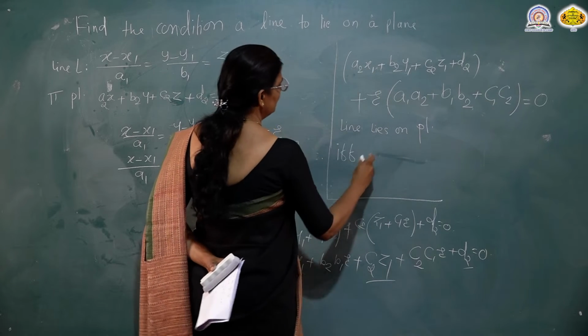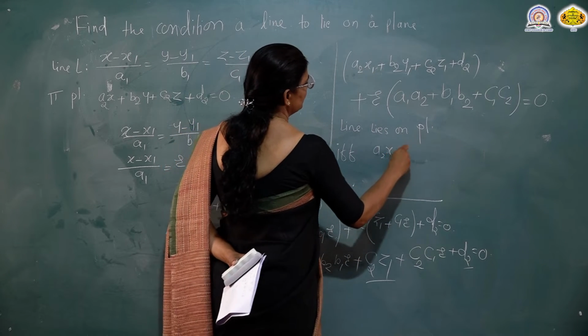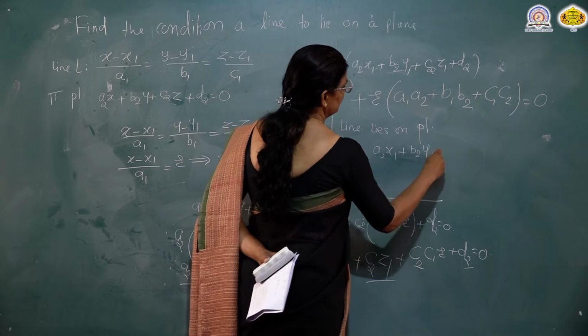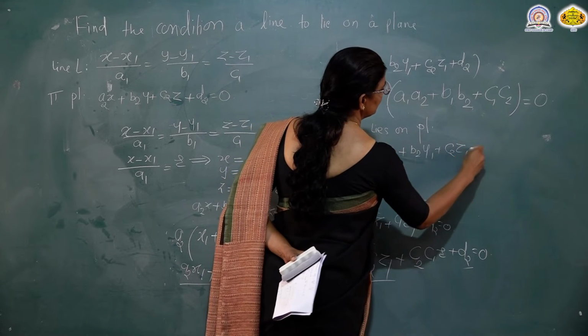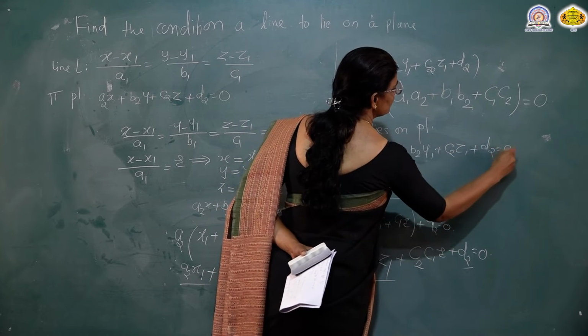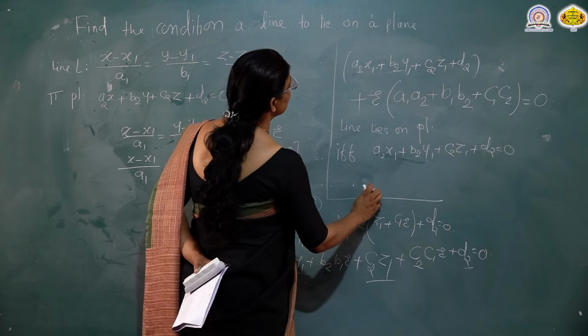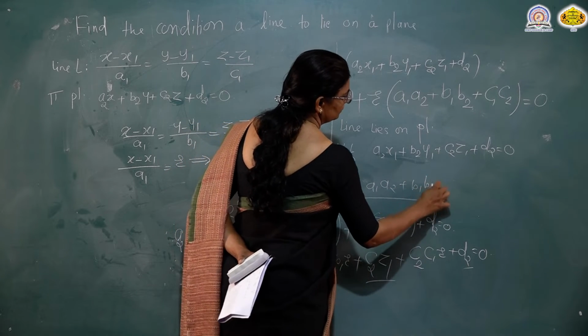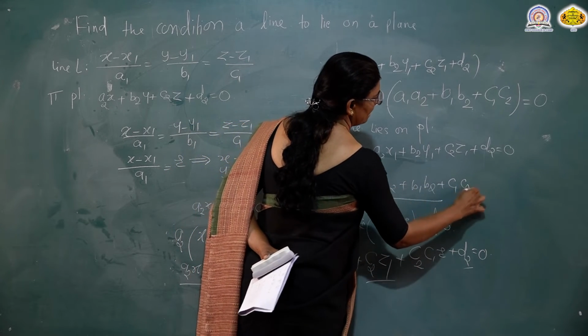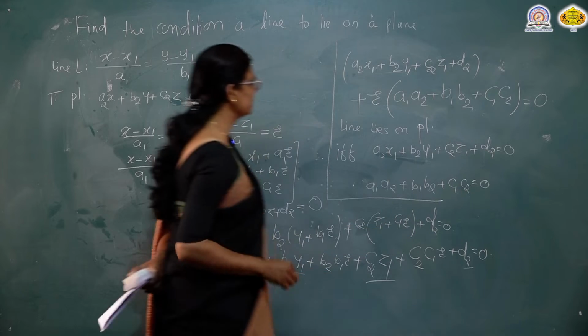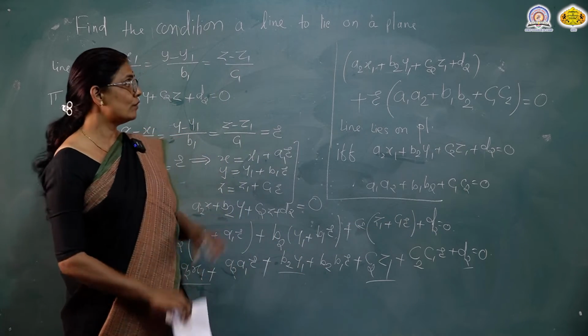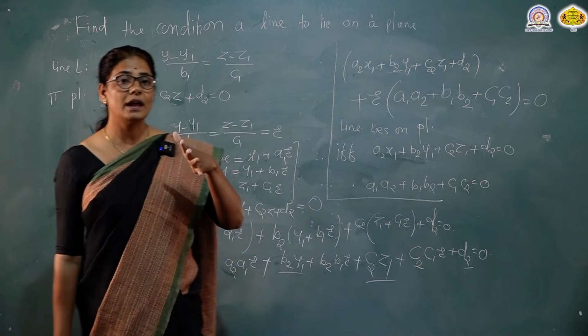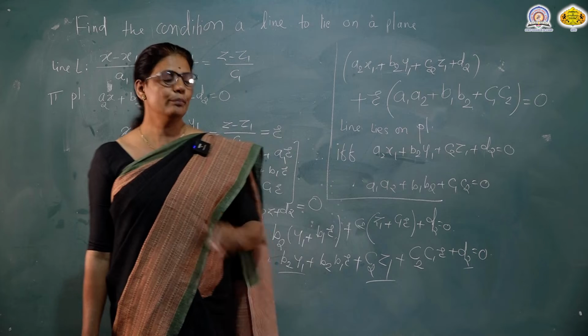That is, the first condition: a2x1 plus b2y1 plus c2z1 plus d2 equals 0, and the second condition is that the second bracket should be 0. So these are the two conditions for the given line to lie on the plane.